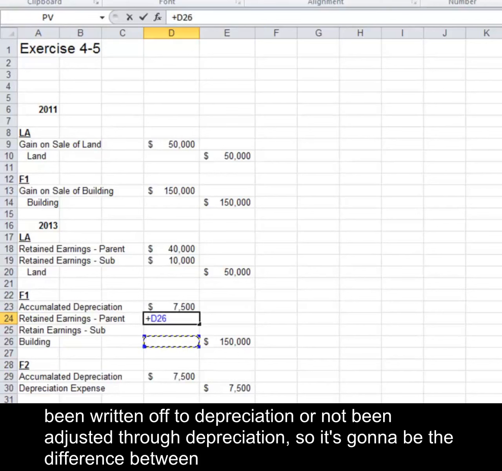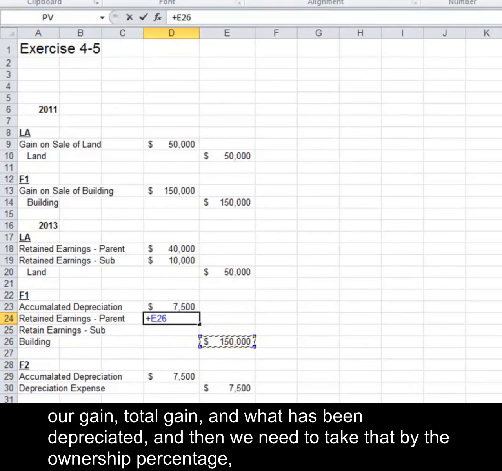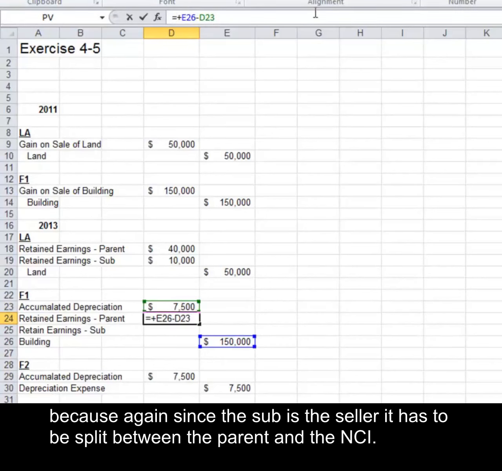So it's going to be the difference between our total gain and what has been depreciated, and then we need to take that by the ownership percentage because, since the sub is the seller, it has to be split between the parent and the NCI.